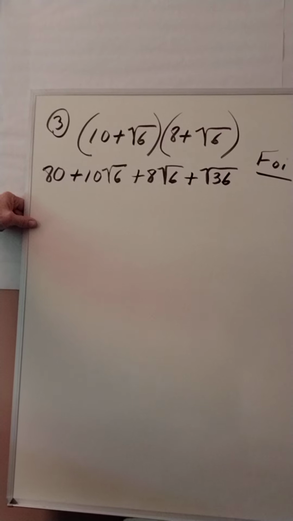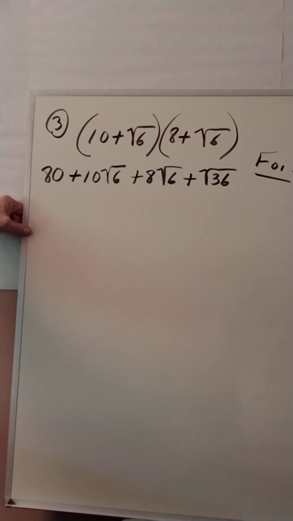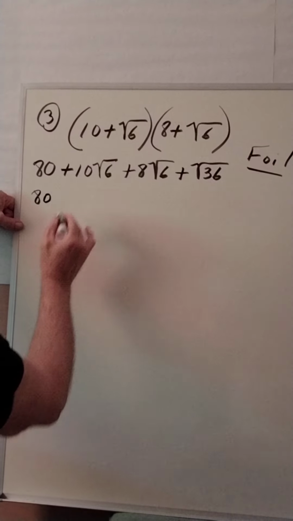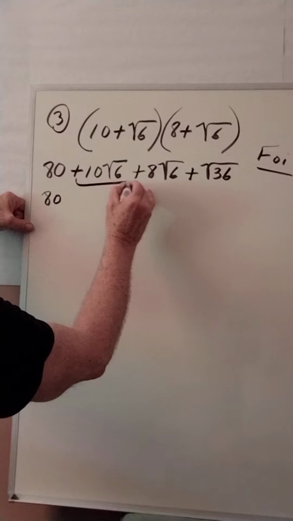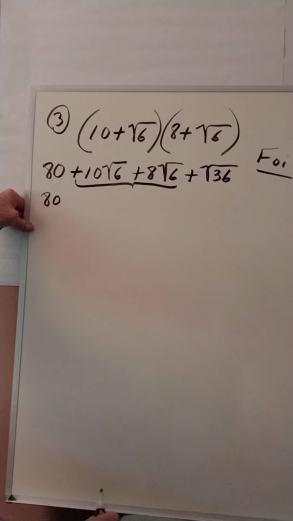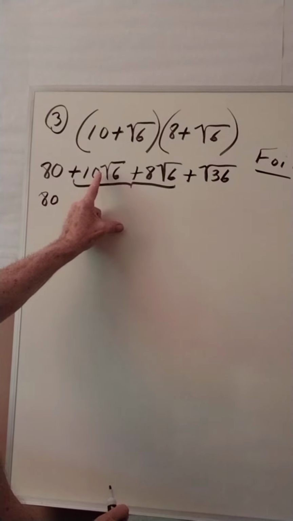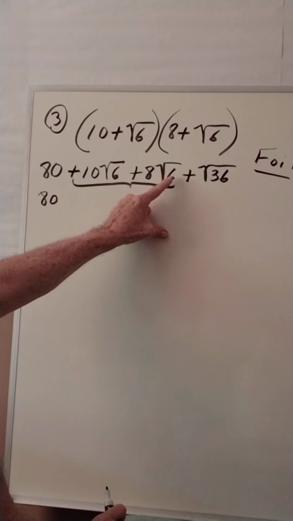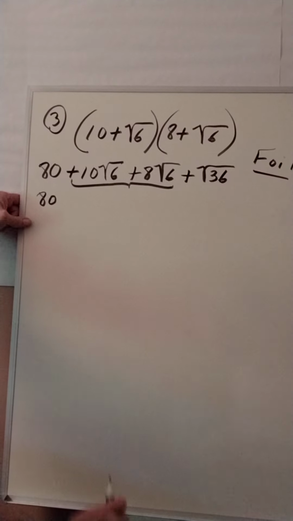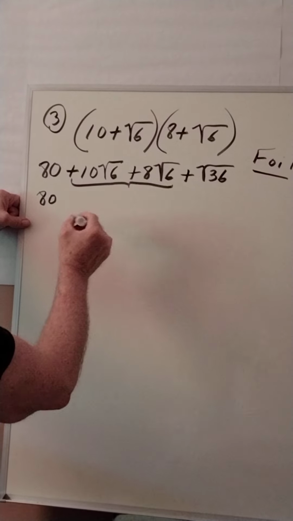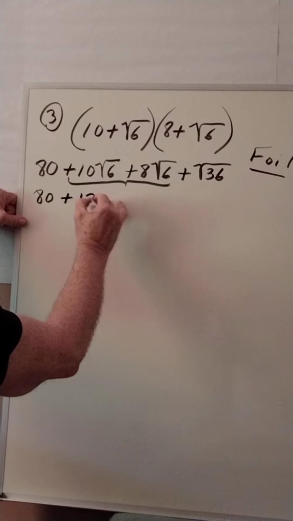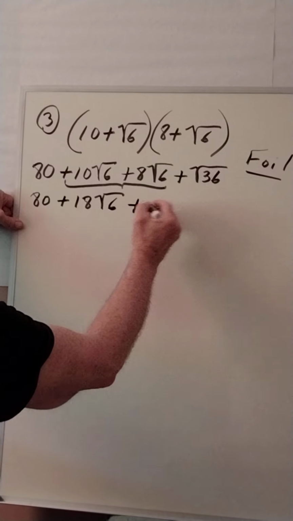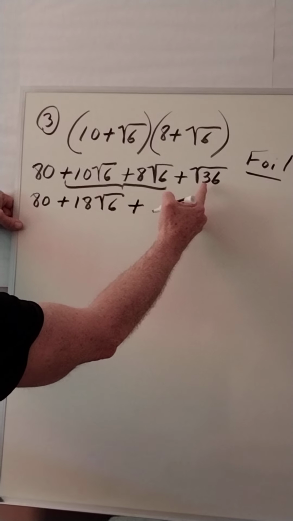Now let's carefully begin the simplifying process. Bring him down. These 2 right here, the outer and the inner product, they can be combined because we have like radicals. So add that 10 with that 8 and we'll have positive 18 root 6. Bring down this plus sign. That represents the rational number 6.